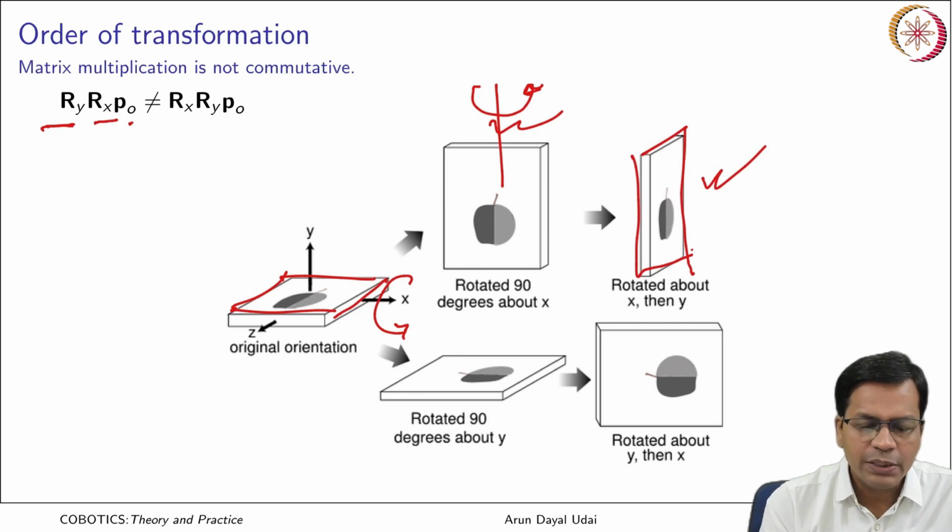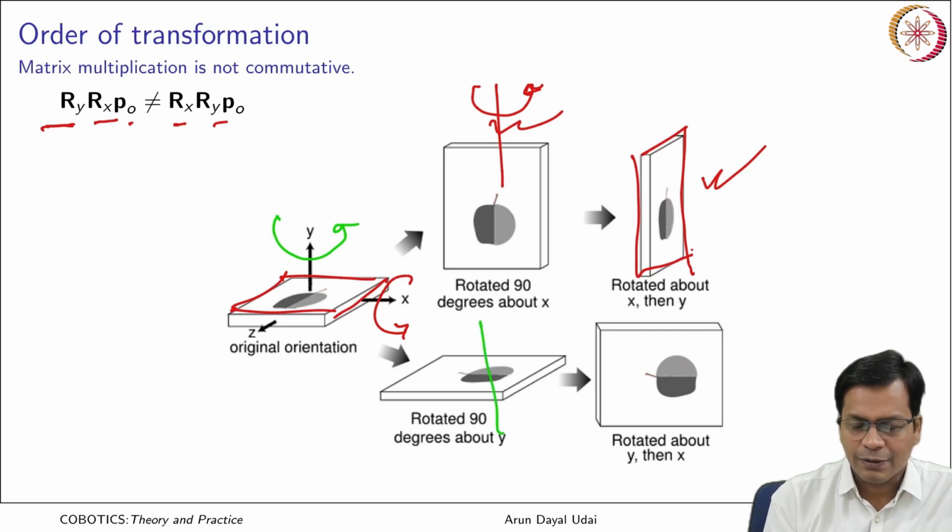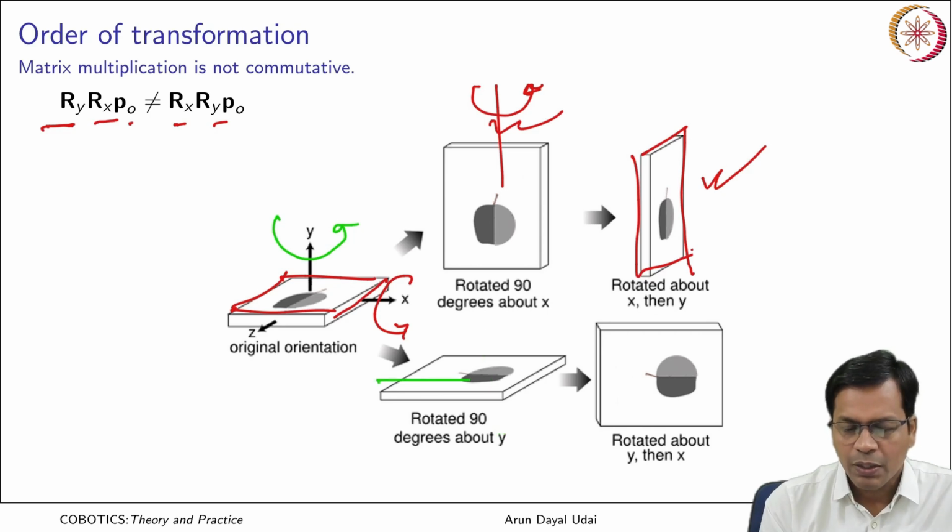Now if I have changed the order, I did y first then x, what would happen? The first rotation about y axis, by angle 90 degree, it comes to this. Next rotation is rotation about x axis. So I'll do rotation about x axis by angle 90 degree, and it comes to a new location which is like this.